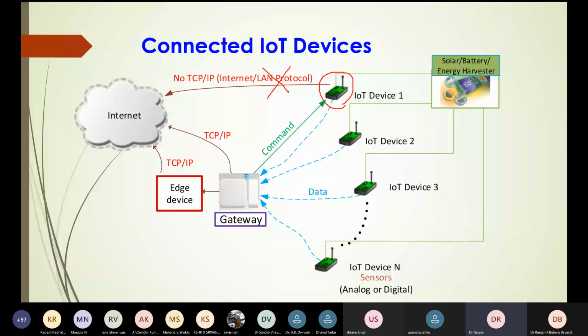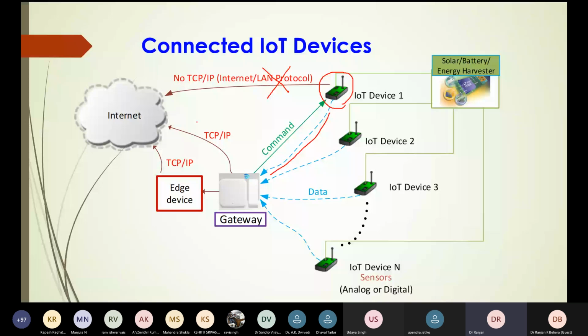That is why the IoT device doesn't have internet protocol support. So what they do is collect the data, this blue color you are seeing, and give it to the gateway server. The gateway has connectivity to LAN protocol, TCP/IP.